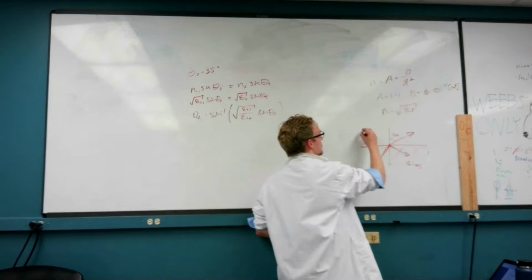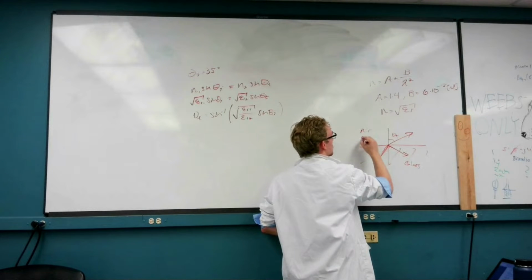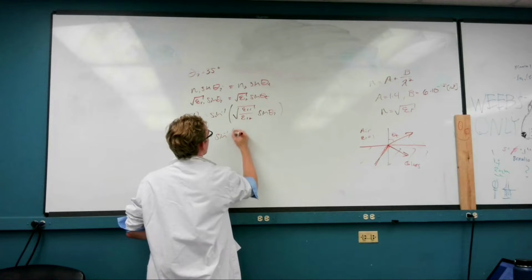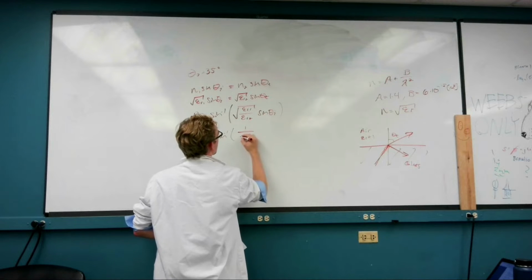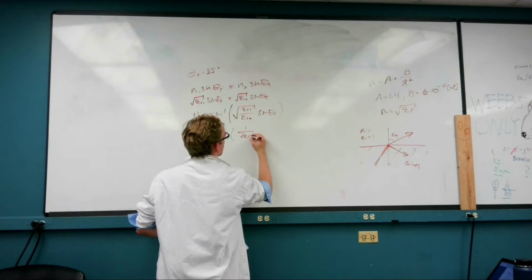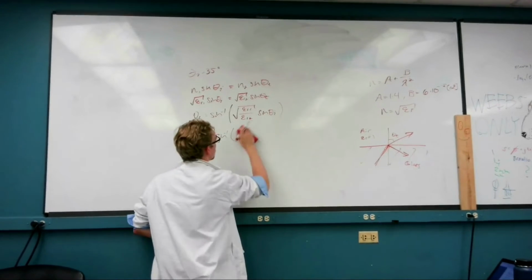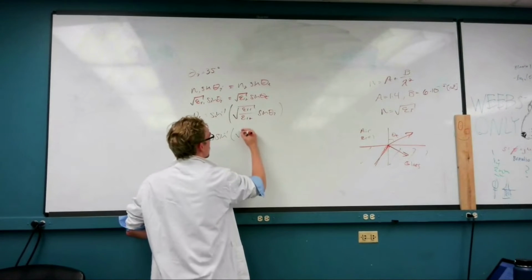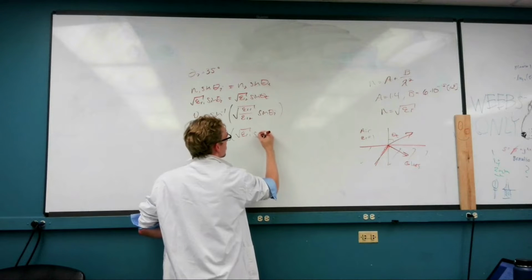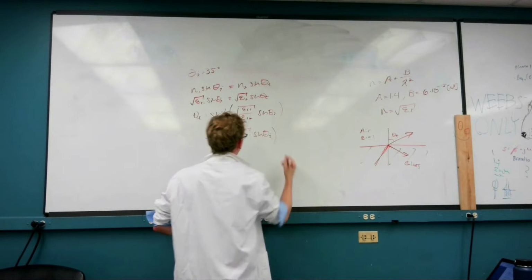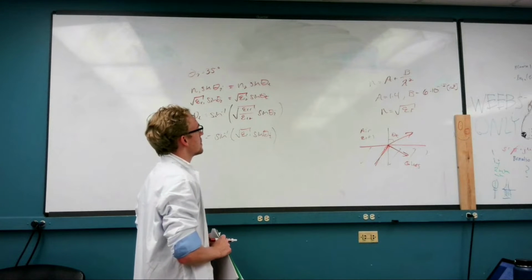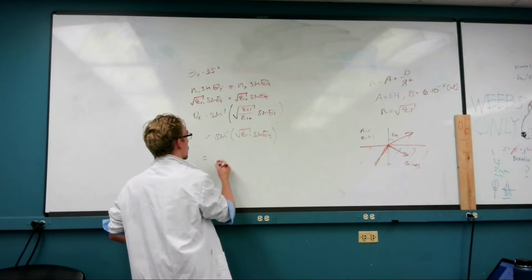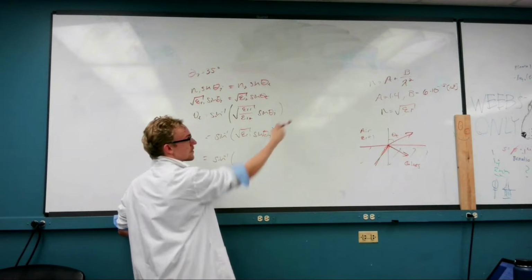Now, if we remember, this is air, which has an epsilon r equal to 1. So this simplifies to sine inverse of 1 over square root epsilon r2, sorry, square root epsilon r1 sine theta I. Now our epsilon r1 is already given, right?